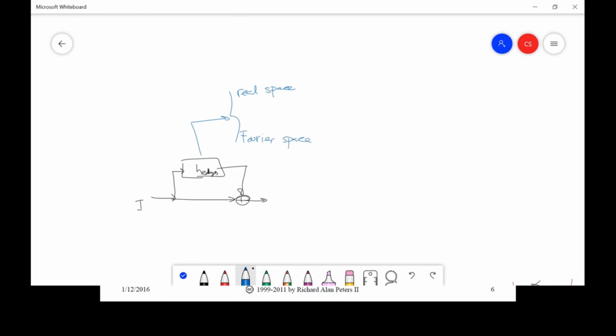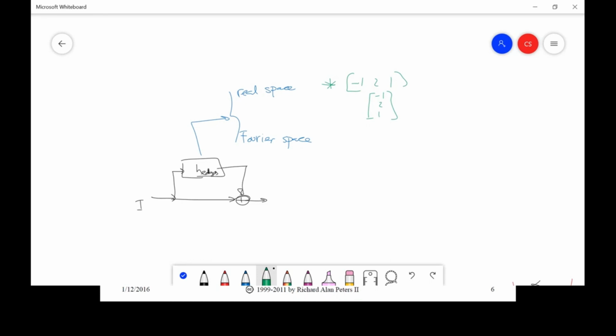In real space, what we have to do is convolve with a kernel that computes derivatives, and we already know a few of those kernels. We know this one, we know this one, all kinds of combinations.